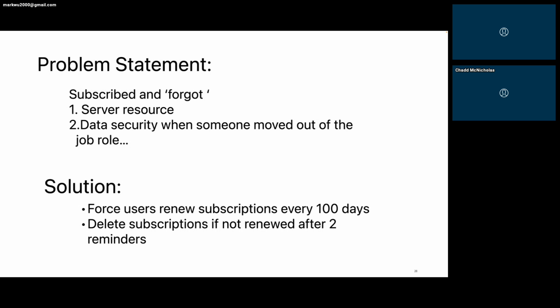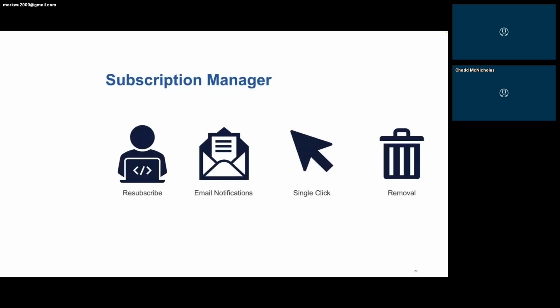Every 100 days or 100 emails, they have to renew their subscriptions. What happens if they don't renew? I send them a renewal reminder. If there's no action taken after 2 reminders, I will delete their subscriptions, which means they don't use it anymore. Again, Python is my friend.